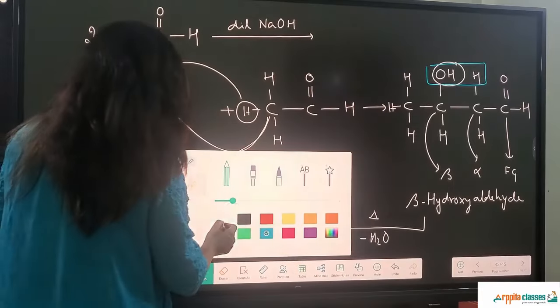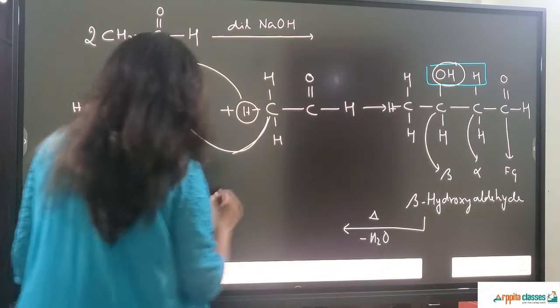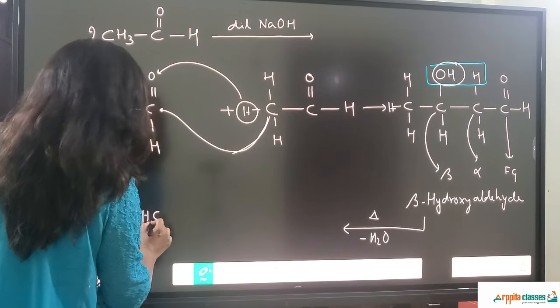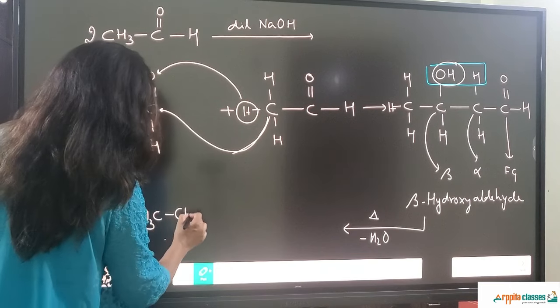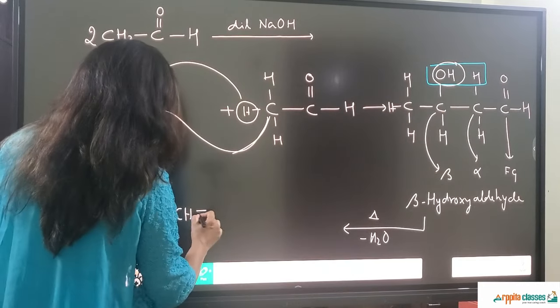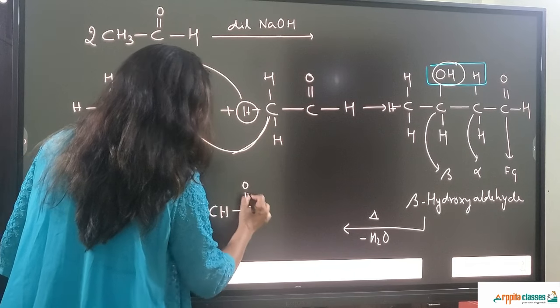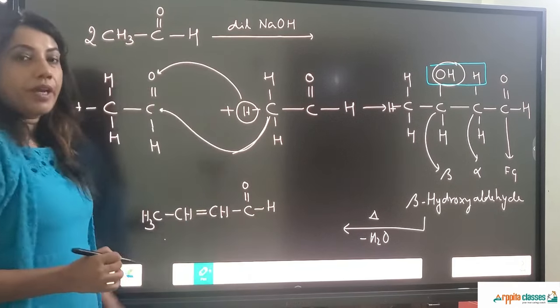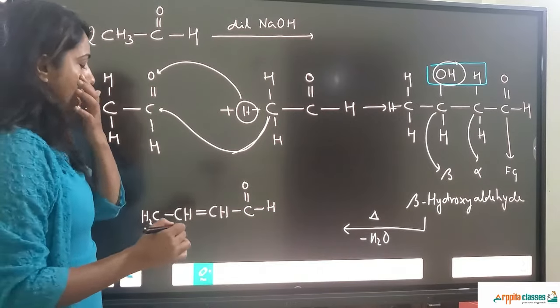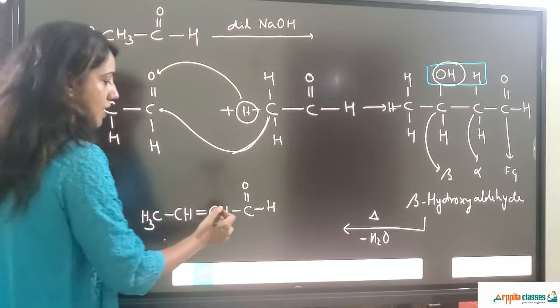The compound formed after the elimination of the water molecule, I am writing in condensed form: CH3, then CH, double bond CH, and then again C double bond OH, that is the aldehyde group. This compound is called an alpha beta unsaturated compound. Why alpha beta unsaturated?